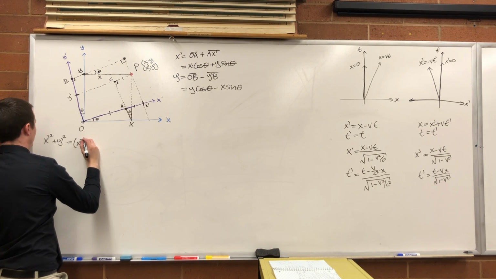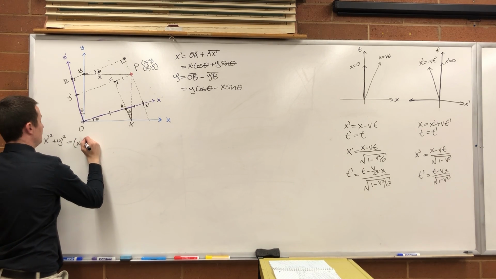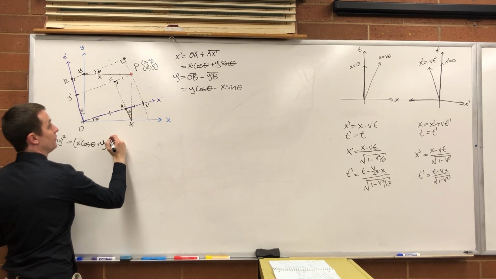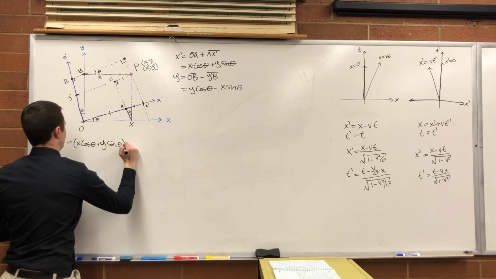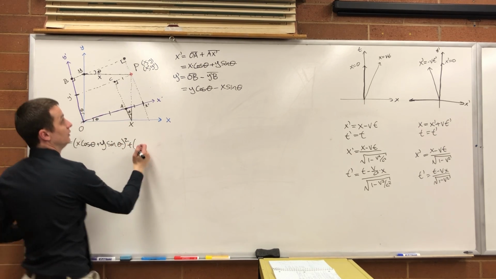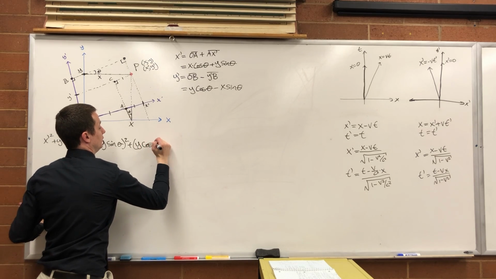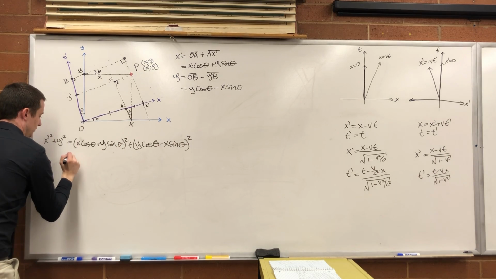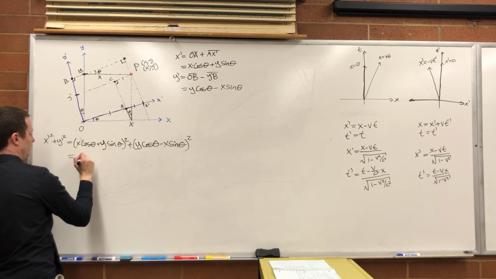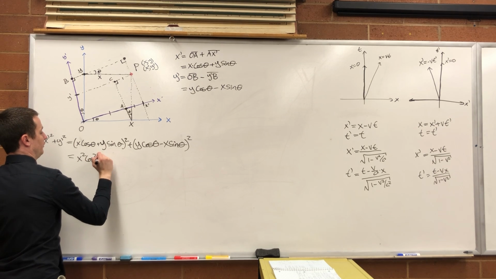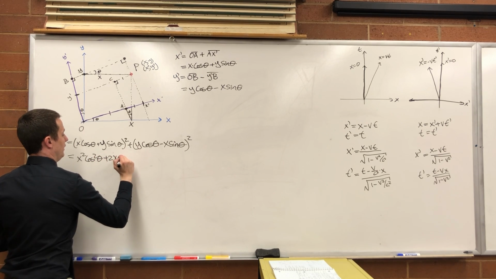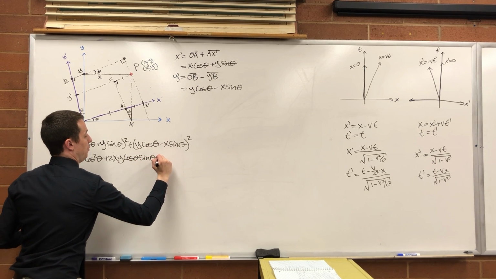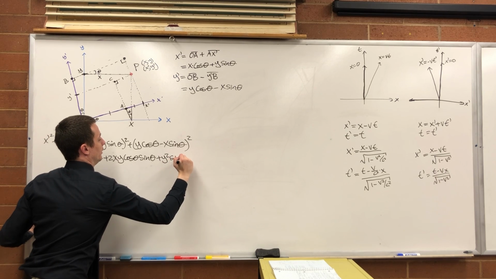So we have x cosine theta plus y sine theta, squared, plus y cosine theta minus x sine theta, squared, right? That's equal to, when we square this out, x squared cosine squared of theta plus 2xy cosine theta sine of theta plus y squared sine squared of theta.